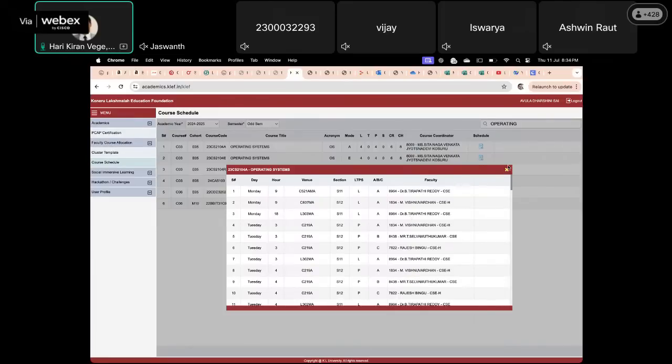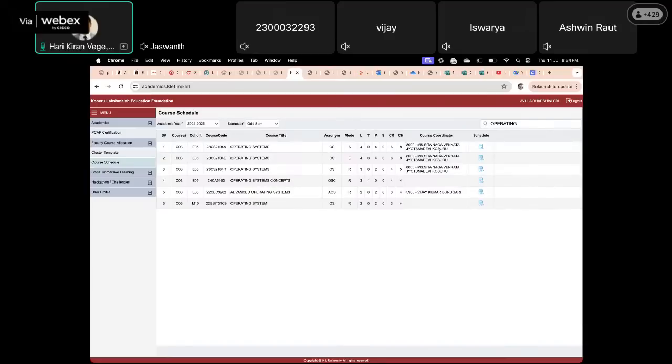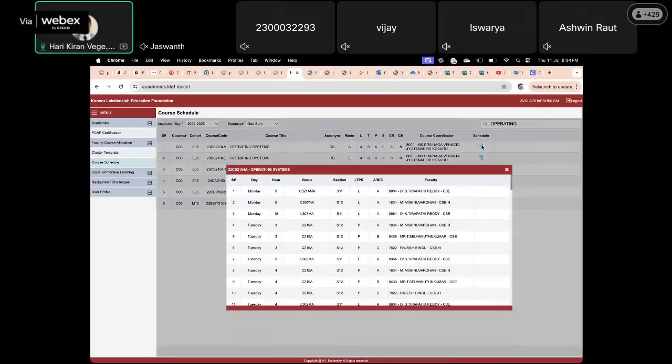Look at this. I searched for the operating systems course. I wanted to look at the advanced mode. I click on schedule and then I observe that S11 section lecture is taken by Dr. B. Tirupati Reddy. S12 section lecture is taken by M. Vishnuvardhan, right?